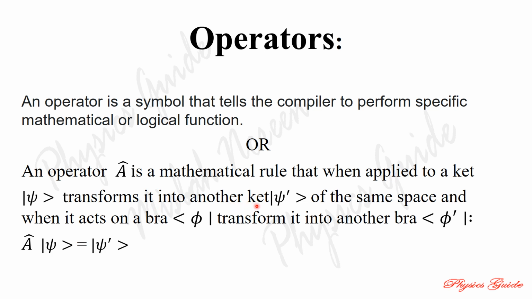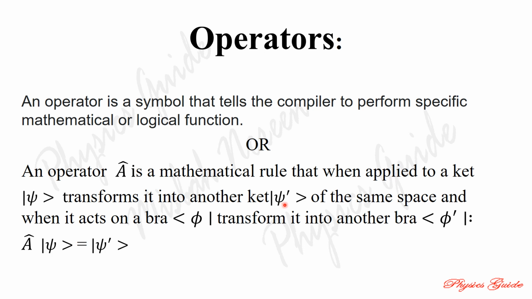It means that if we apply an operator on a wave function or ket vector, it changes into another ket vector, or gives another wave function. This is the ket vector psi, transformed into another ket, psi dash.